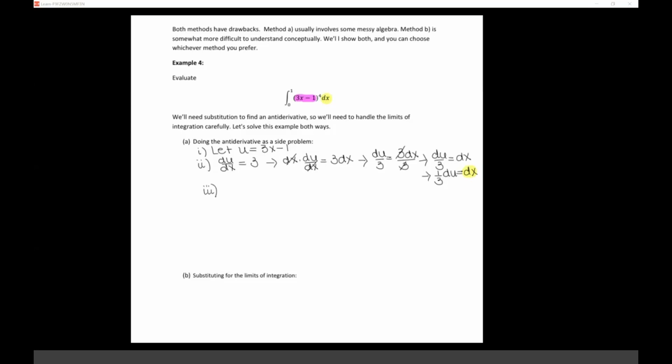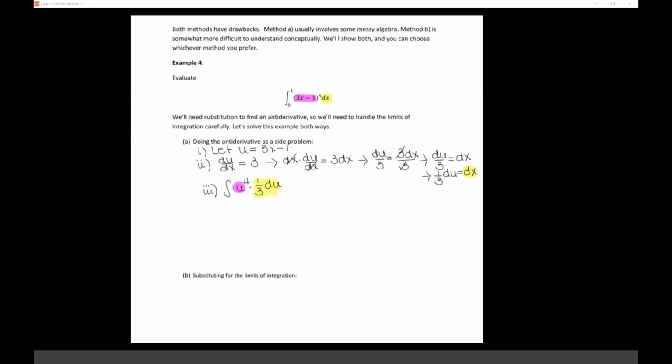The next step is to substitute that into the integral. So my integral now becomes, I'm going to do the antiderivative first, so I'll skip the bounds right now. This is going to be u to the 4th times 1/3 du. Here's what I substituted for dx, and there's what I substituted for 3x minus 1.